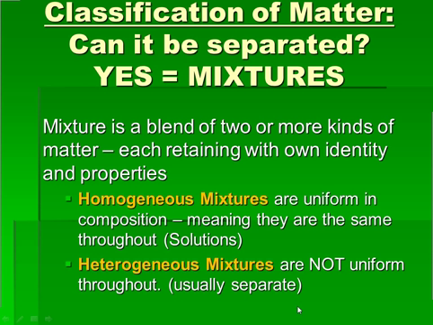So if we were looking at things that you drink, milk is a homogeneous mixture, and they even say homogenized milk on the side of the milk carton. It's a mixture that no matter where you take it from, if you take it from the top of the milk container or the bottom of the milk container, the solution is going to be all the same.